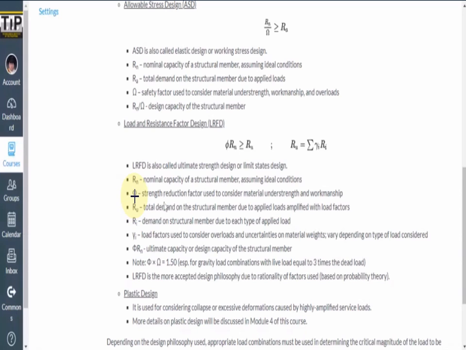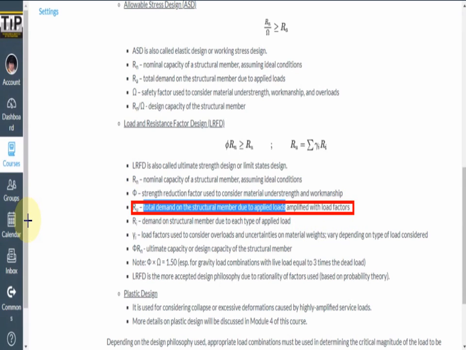Okay? So RA is used in allowable stress design. The RA are just service loads. So meaning you just add up the loads as it is. However, in LRFD, we use RU. This is the total demand on the structural member due to applied loads amplified with load factors.